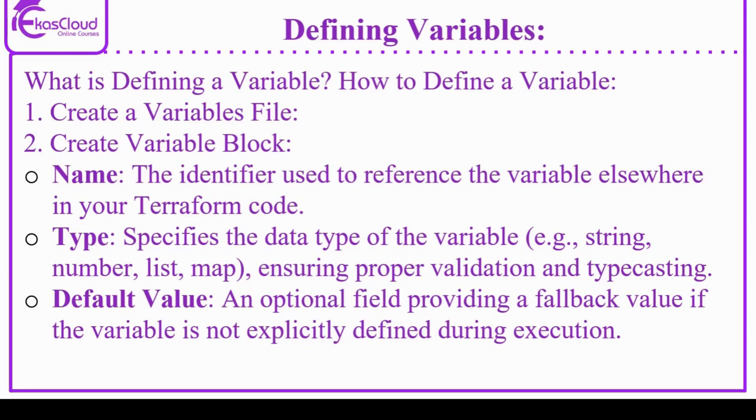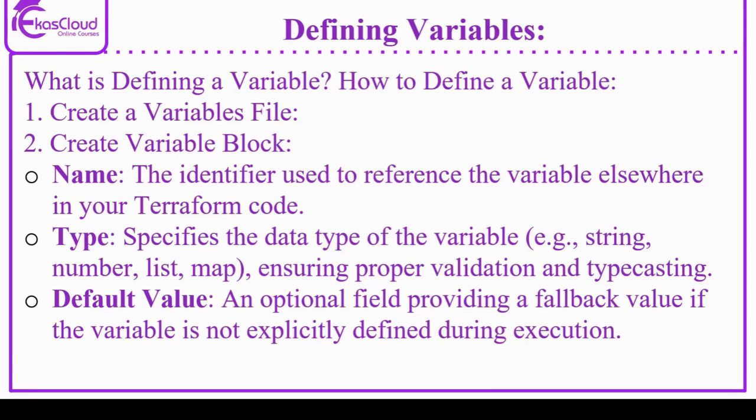Each variable block includes name, an identifier used to reference the variable elsewhere in your Terraform code. Second one is type. It specifies the data type of the variable. For example, it may be string, number, list, or map to ensure proper validation and typecasting.